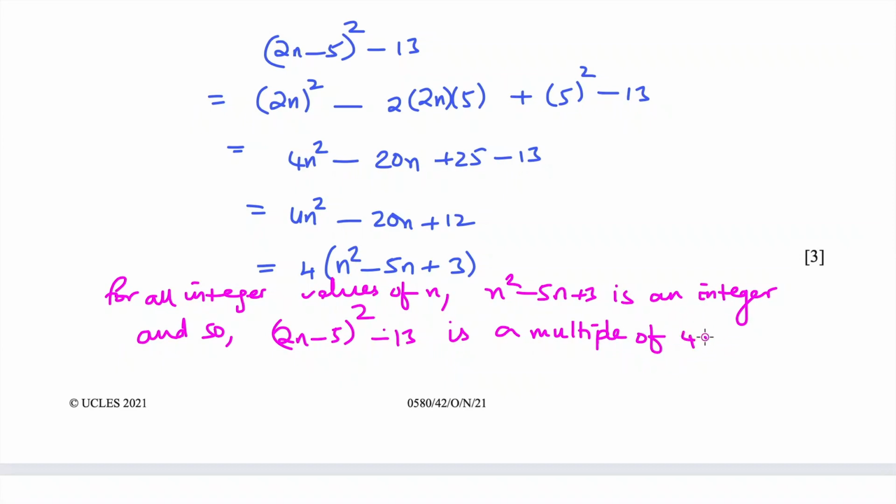Okay, because whatever value of n you take, n square minus 5n plus 3 will be an integer, and once it is an integer, 4 into an integer is a multiple of 4, and so this is the correct answer.